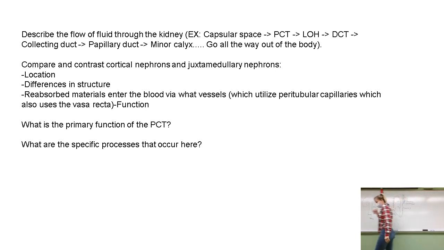Okay, so we have two different types of nephrons that filter the blood. We'll draw them actually, sorry, over here. That filter the blood to produce urine. We know that the nephrons are located out in the cortex. So out in this superficial part of the kidney.